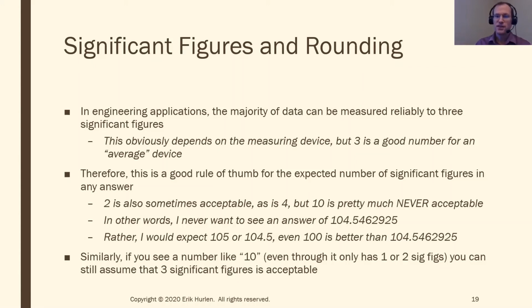So if you get this number on your calculator, instead of writing down all those numbers, answers that I want to see are 105, 3 significant figures, that's perfect. 104.5, that's fine too. That's 4 significant figures. 100, that's either 1 or 2, depending on how you count it, but I'll call it 2, so that's fine too. 100 is better than this entire number, because there's no way you know that these numbers down here at the very end are accurate.